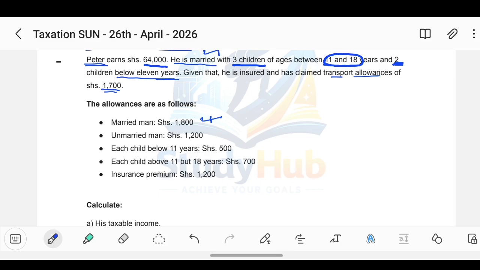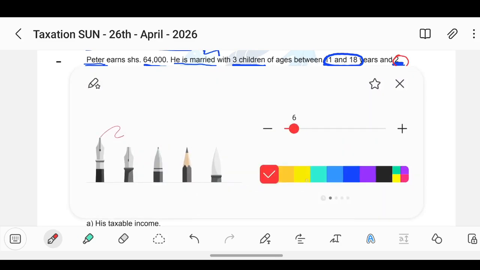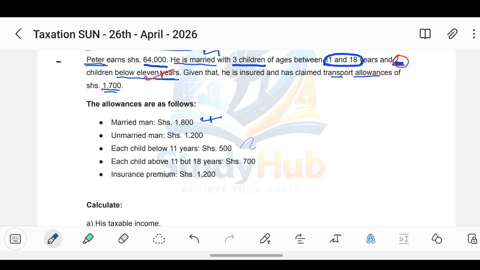Then each child below 11 years gets 500 shillings. We have 2 children below 11 years. So we are going to multiply 2 times the 500. Then each child above 11 but below 18, or in between 11 and 18, we saw them, they were 3.